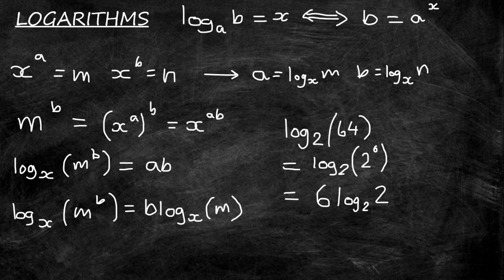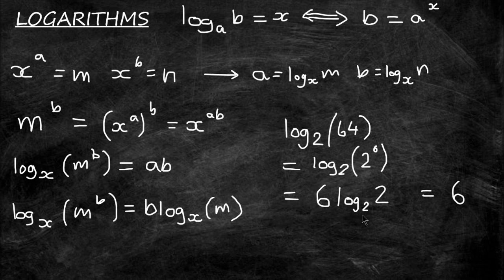And then we know that log base 2 of 2 will just be 1, because you have the same base and number, which means that the answer to this will be 6 multiplied by 1, which is just 6. And that's the same answer that we got earlier. So it's just another way of solving questions using a different method, but the logic is still the same.